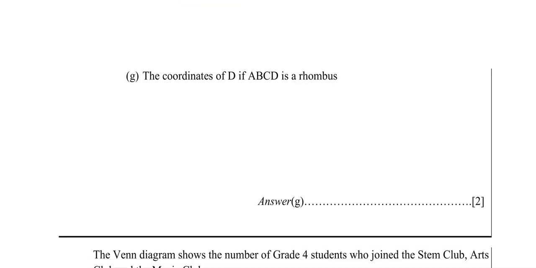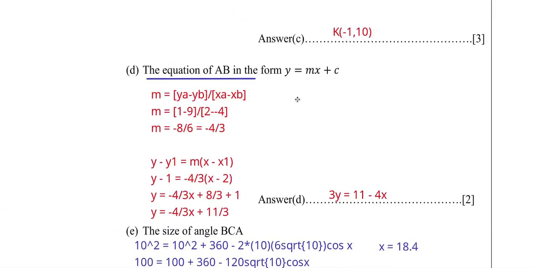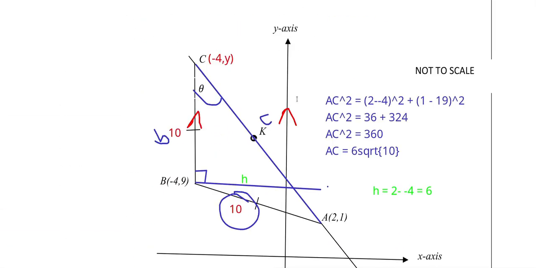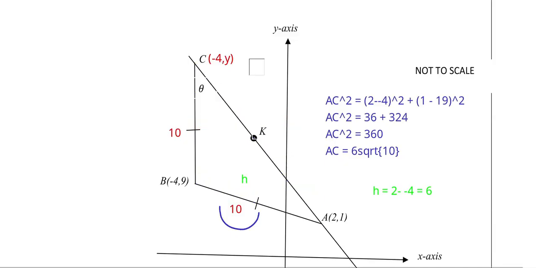Next question, the coordinates of D. If ABCD is a rhombus, for that you are going to use the midpoint, using the idea that the diagonals bisect each other.